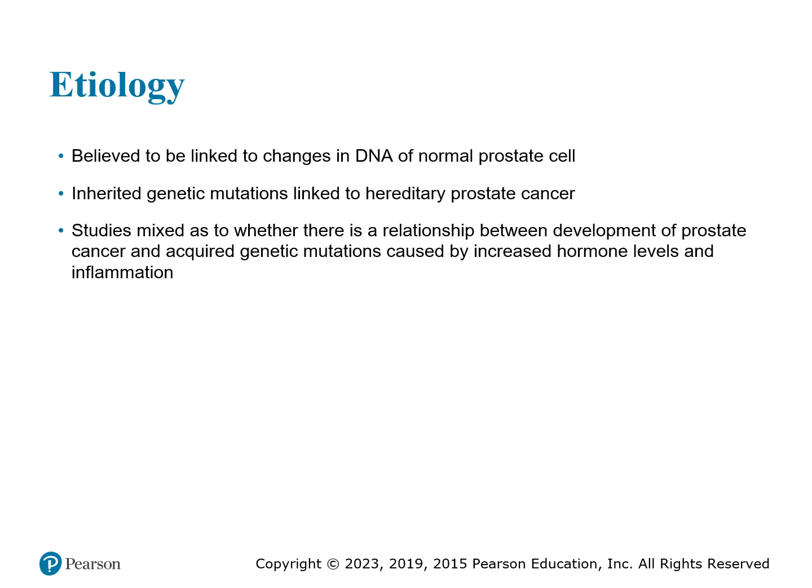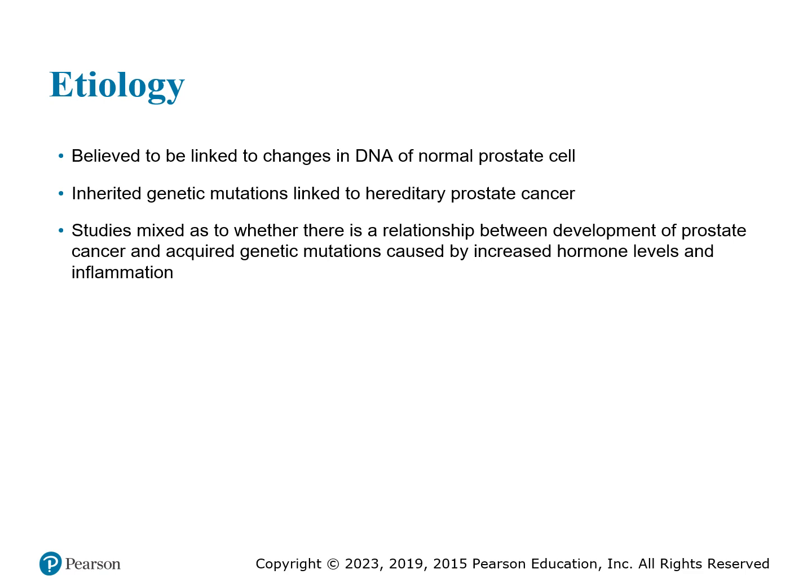Researchers believe prostate cancer to be linked to changes in DNA of the normal prostate cell. Inherited genetic mutations have been linked to hereditary prostate cancer. The mutated genes include RNASEL, BRCA1, BRCA2, MSH2, MLH1, and HOXB13.